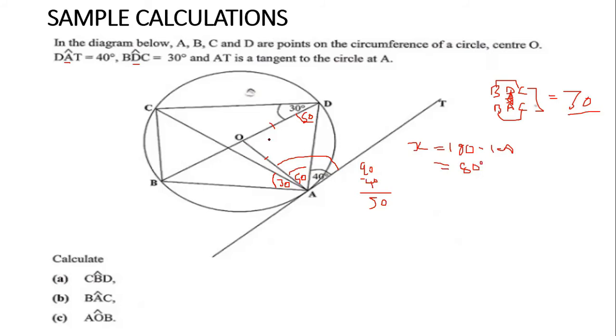So the angle here is 80 degrees, so that when I add 80 plus 50 plus 50, it is 180. Then look at this BOD. This is a diameter, meaning it's a straight line. So angles on a straight line also add up to 180. So when we add x plus 80 is equal to 180, x will be equal to 180 minus 80. This one will give us 100.